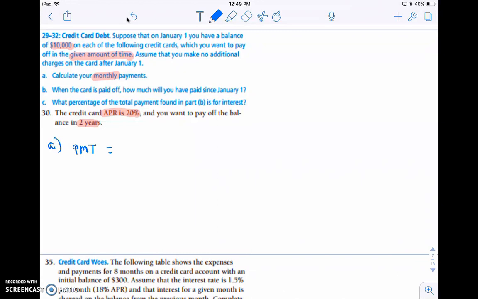This time we have a principal of $10,000. Our APR is 20%, so 0.2, paid monthly, so divided by 12. All of this is over 1 minus, and then parenthesis 1 plus that APR, 0.2 over 12, raised to the negative, and we pay 12 times a year for 2 years, so 12 times 2 power.